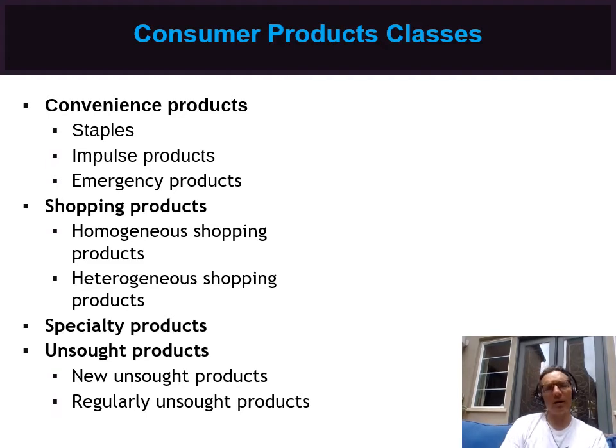So when you have these types of products, it takes a lot of education of the consumer from the marketing perspective to get consumers aware that this is something they even need. If you think about it, it wasn't that long ago that cloud computing was a new unsought product.